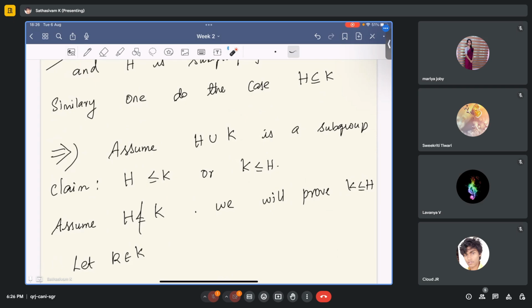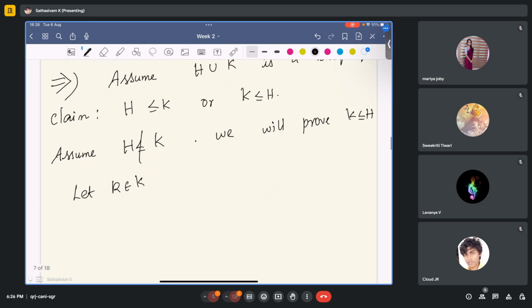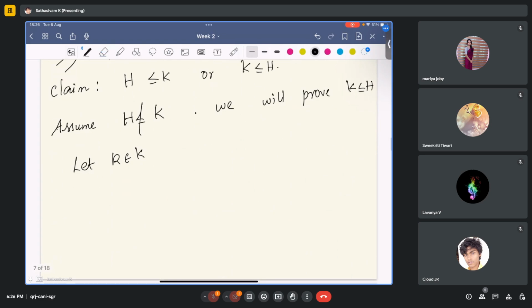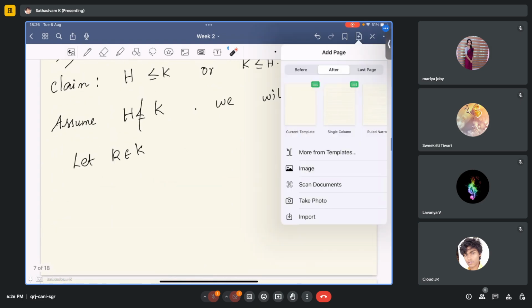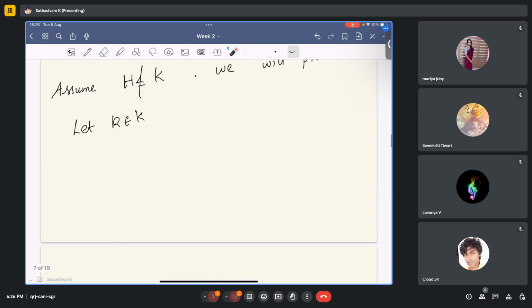If you take the k here, and let's say you put any h here, I will just write the idea here. It's an intuition; then probably I will write the proof rigorously. Suppose you take any h belongs to H. Then both k and h belong to H union K, right?